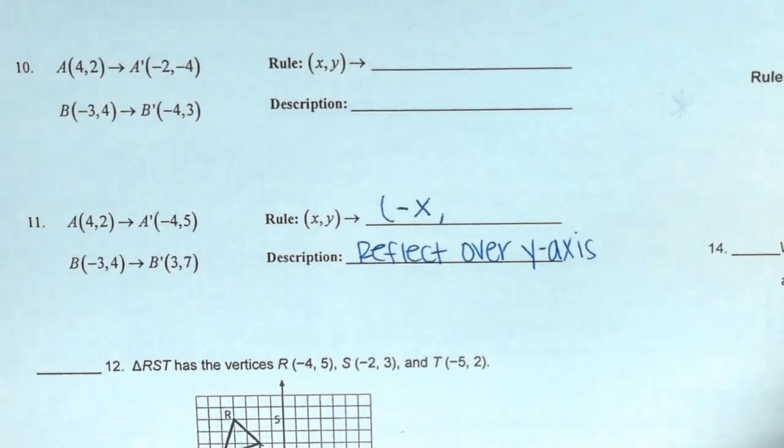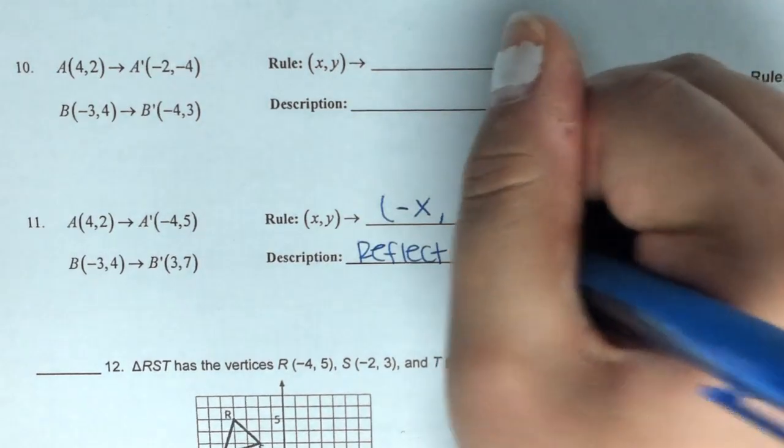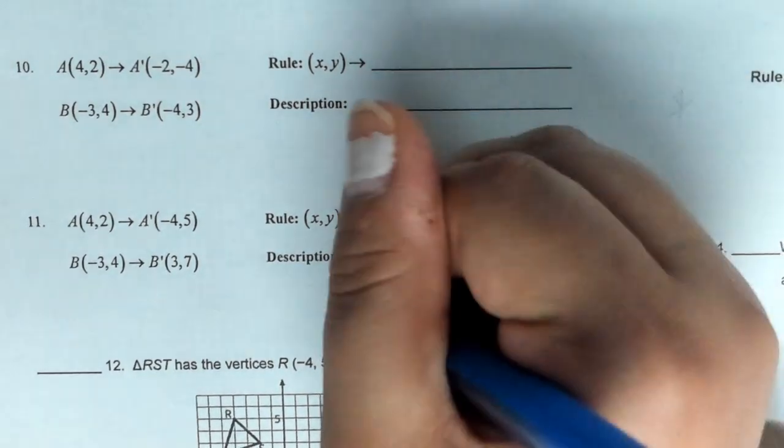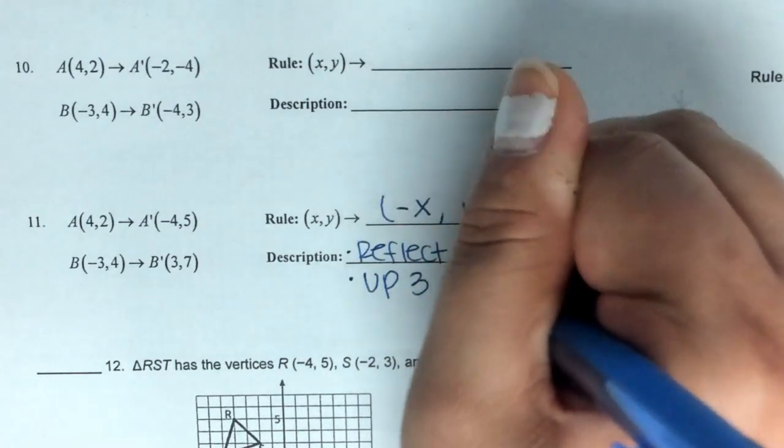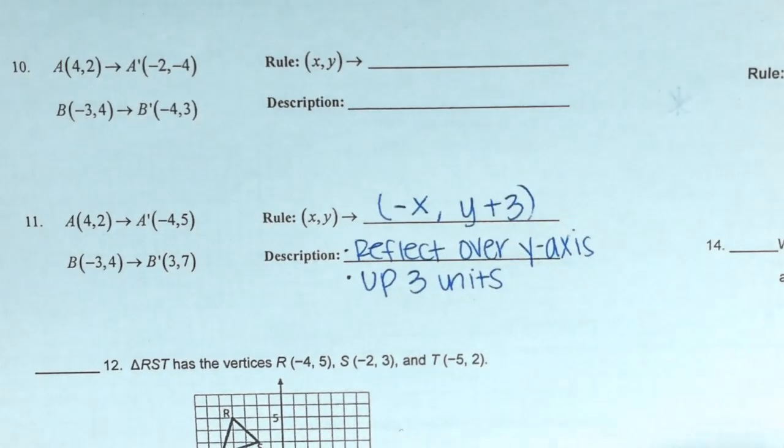What is happening to my y's? Plus 3. This is going to go up 3 units. If you just put up 3, that's okay. Say it again: I put over y-axis, not reflect.